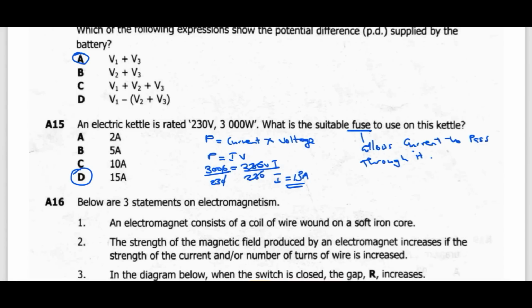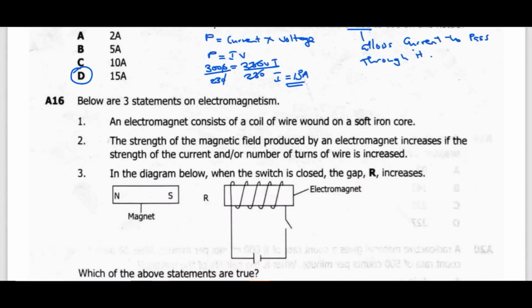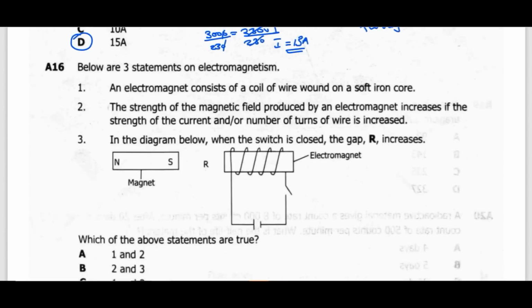So let us move on. Below are 3 statements on electromagnetism. The first one: an electromagnet consists of a coil of wire wound on a soft iron core.